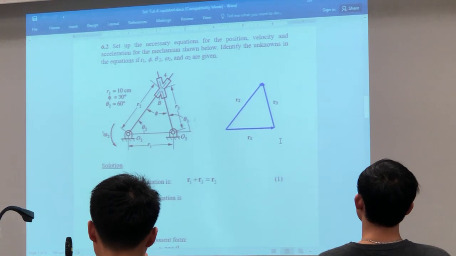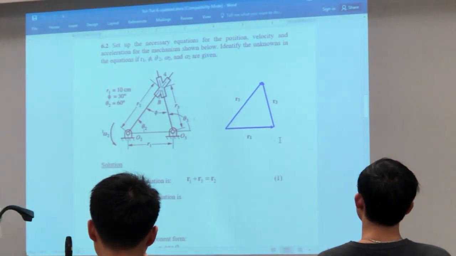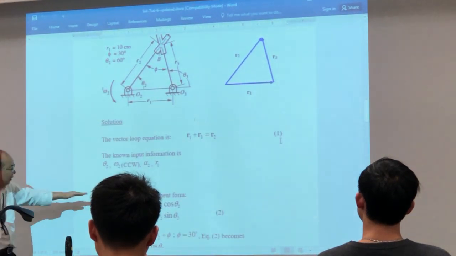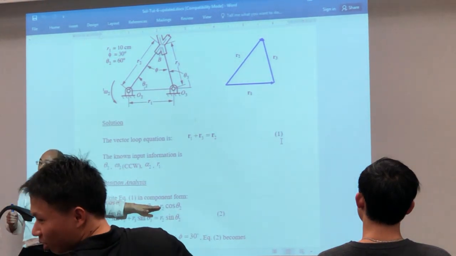And then the question now asks us to do more. We also need to do the velocity analysis and the acceleration analysis of the mechanism. How to do that? For velocity, very simple. Basically, you differentiate this equation with respect to time t.